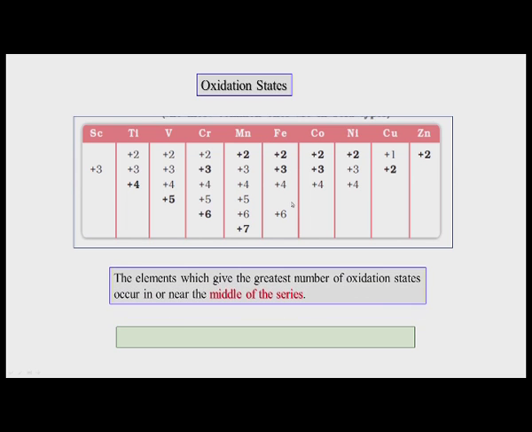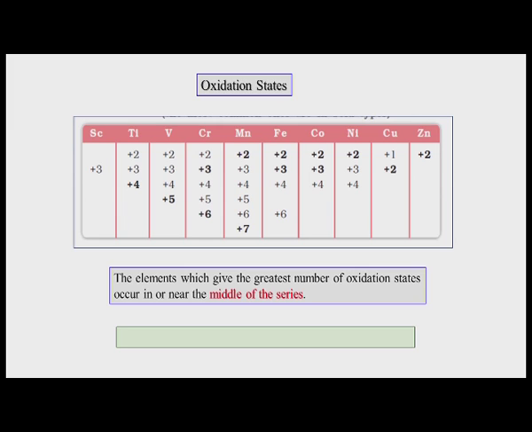So, the elements which give the greatest number of oxidation states occur in or near the middle of the series. Why this particular area? That means chromium to iron basically. From chromium to iron, we have more variable oxidation states, which is very much true for the property of transition metals, that they have variable oxidation states.